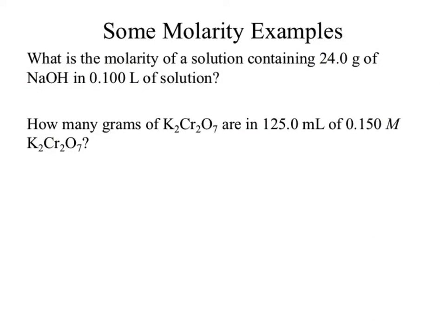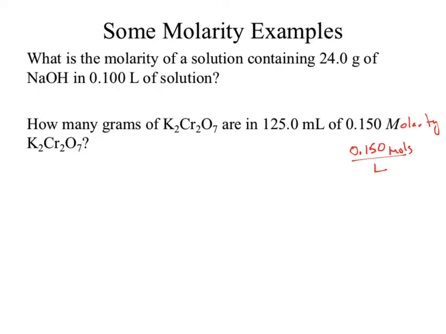So, how many grams of potassium dichromate are in 125.0 milliliters of a 0.150 capital M solution? What is capital M? Molarity. Capital M is molarity. What should molarity immediately be written as? 0.150 moles over liters.